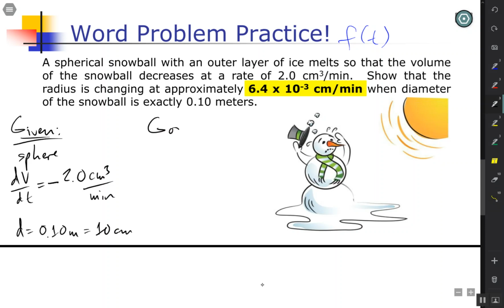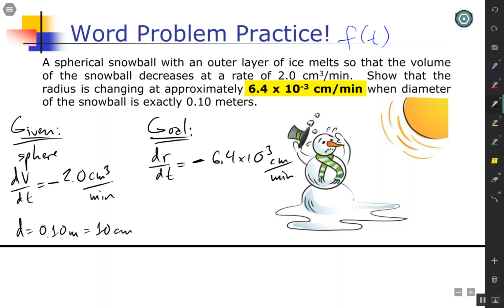And we're trying to show, in this case, that the radius, dr/dt, well, if the volume is decreasing, then this also has to be decreasing as well by that much. And notice this centimeter does not have anything squared because it's just one degree of freedom right there.